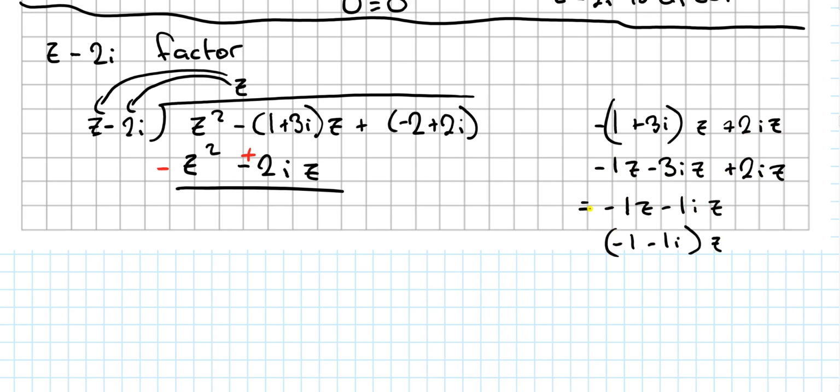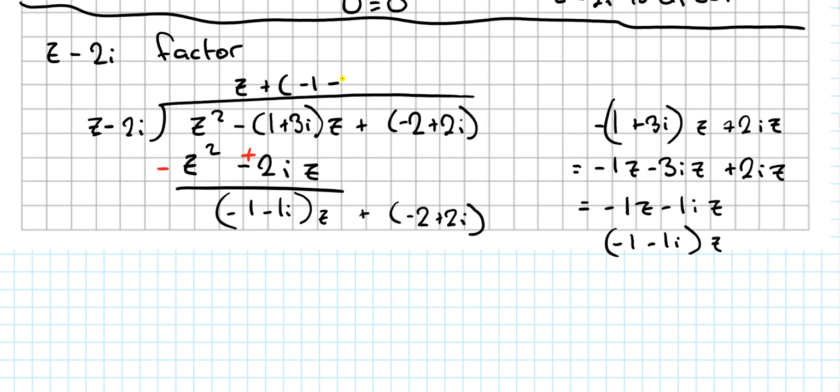That's what I'd get out of that. Minus 1 minus 1iz plus minus 2 plus 2i. Okay, so z by what is minus 1 minus i? Z, so plus minus 1 minus 1i.